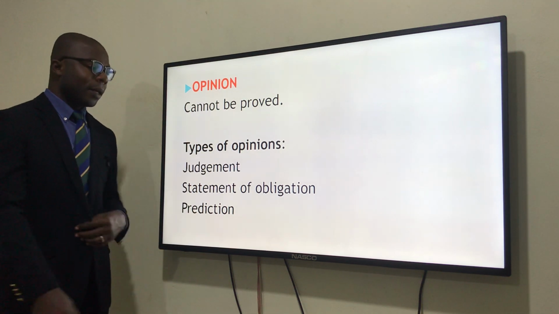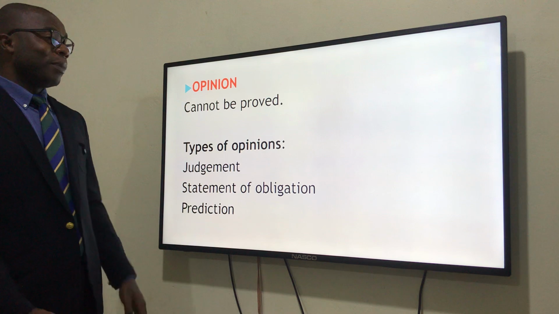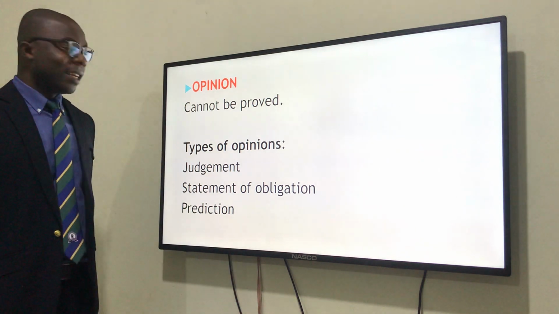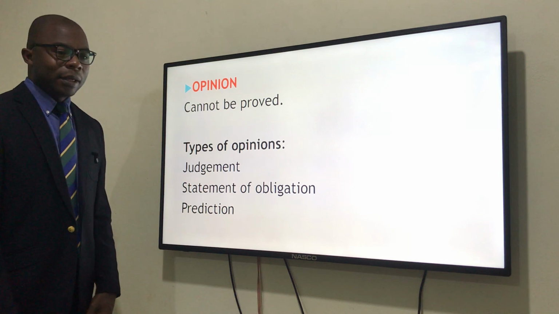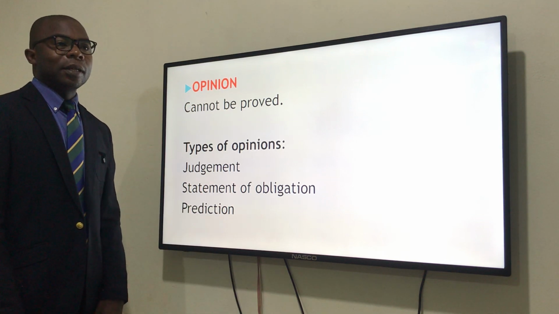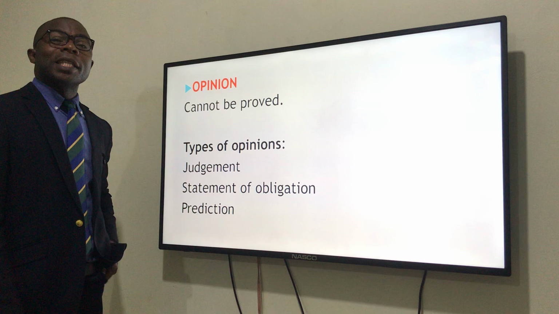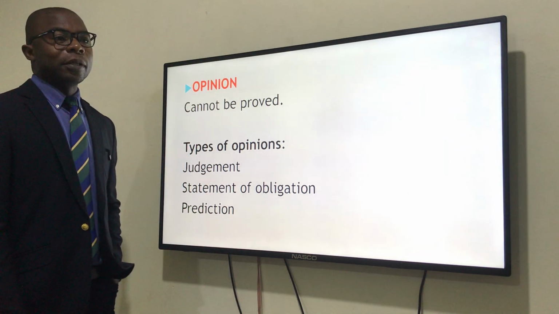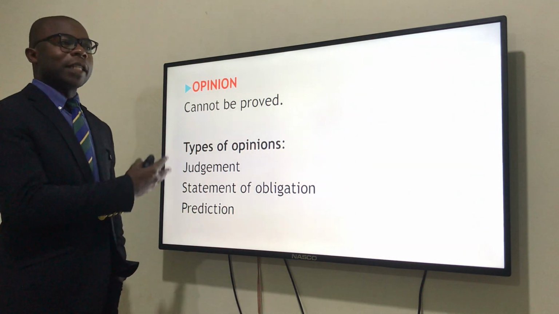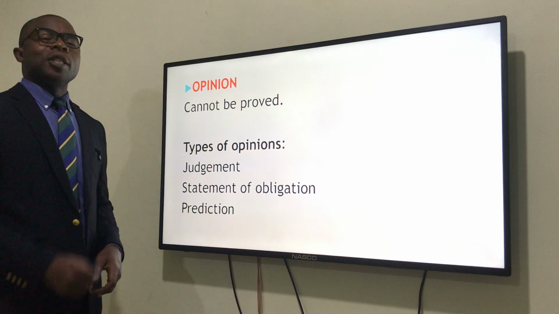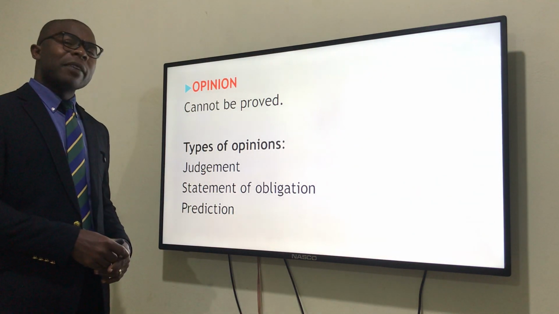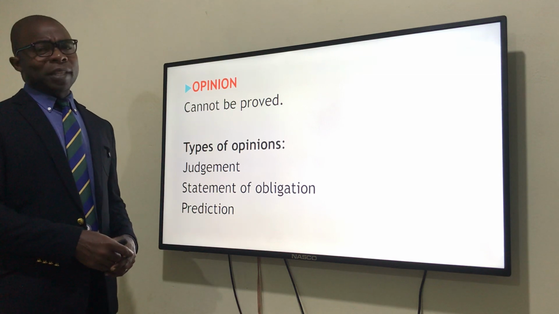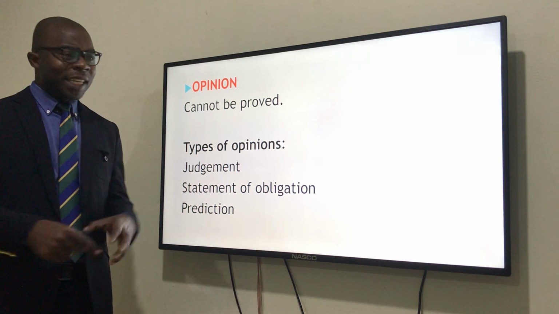Judgment. Yes, somebody could say judgment could be proved, but it's still hanging. So you say that somebody is foolish. You have judged the person. The person might have done something foolish, which is why you've judged that person that way. But to somebody else, your foolish person may be a very intelligent or brilliant person, which is equally judgment.